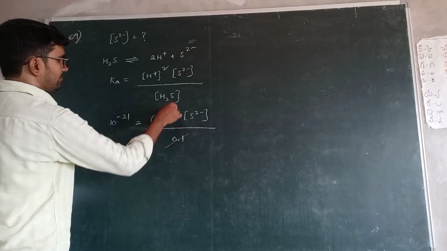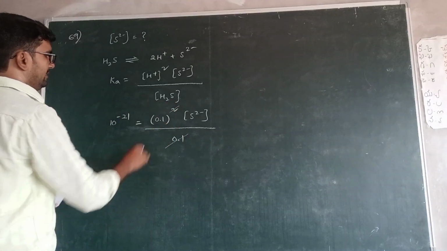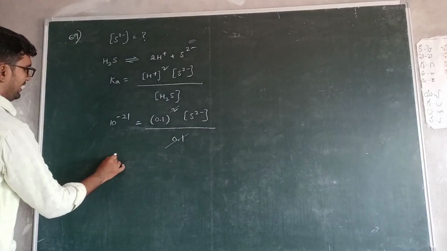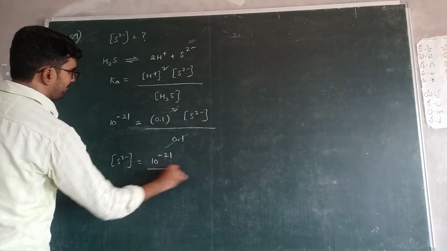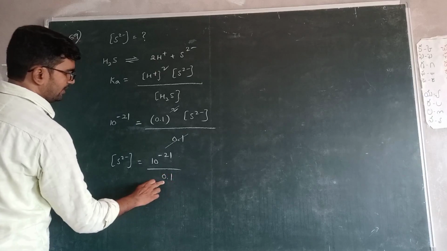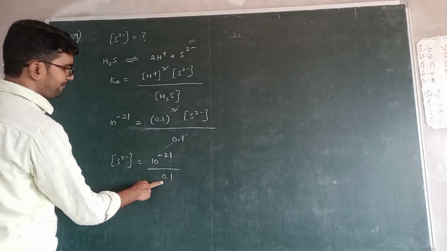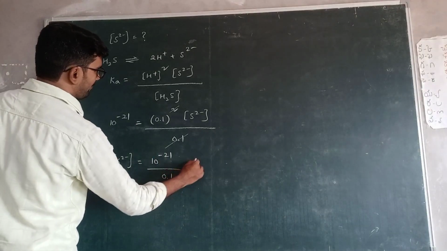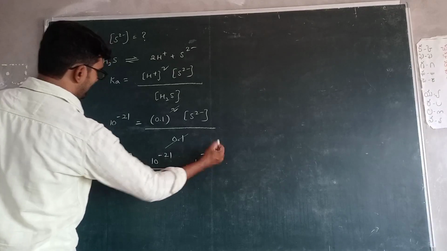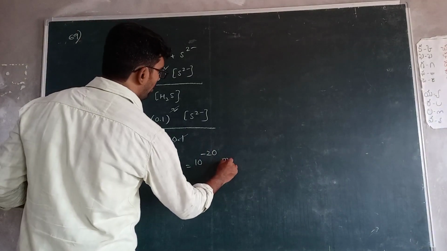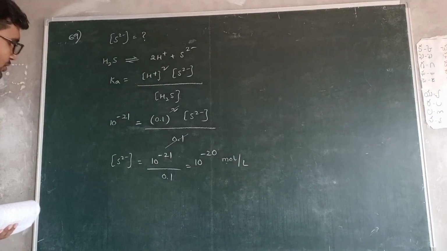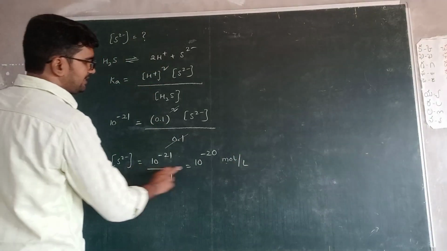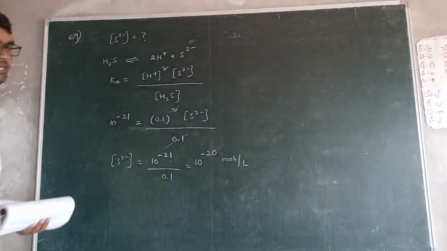So 0.1 cancels, and this 0.1 moves to this side. Concentration of S2 minus is equal to 10 to the power of minus 21 by 0.1. 0.1 means 10 to the power of minus 1, which moves up to 10 to the power of plus 1. Then 10 to the power of minus 20 moles per liter. So concentration of S2 minus is 10 to the power of minus 20 moles per liter.